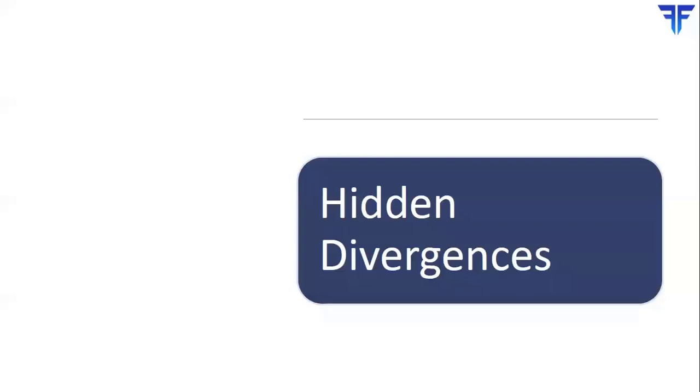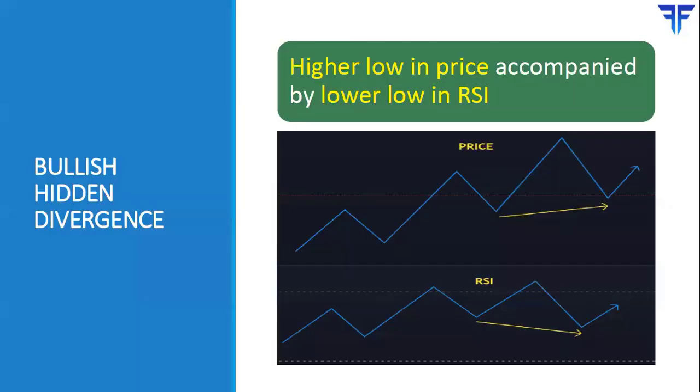Now, if you remember the normal divergences that I talked about earlier, they occur after a sustained rally or after a sustained decline. And the normal divergences, if you remember, are reversal patterns. On the other hand, hidden divergences are typically continuation patterns.